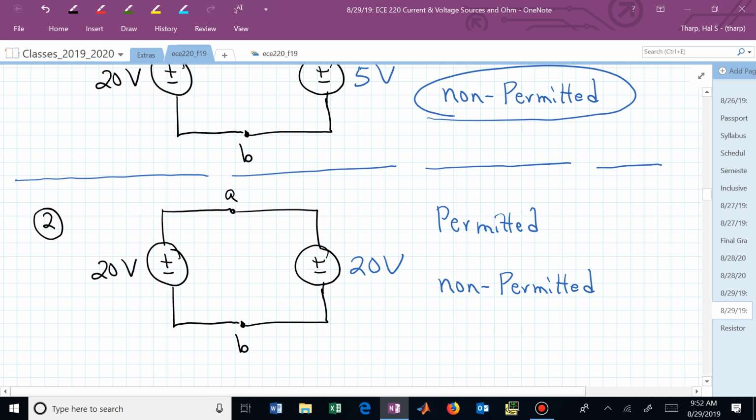Now we're trying to force A to be 20 and 20. That's fine. Each supply won't necessarily have to work as hard, but here 20 equals 20, that's good. Are we comfortable with that? Yes.